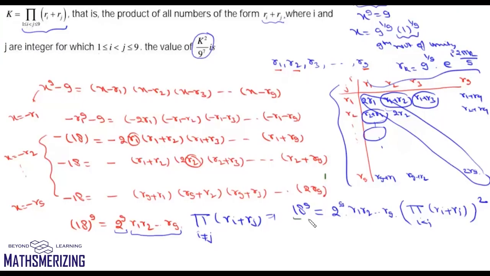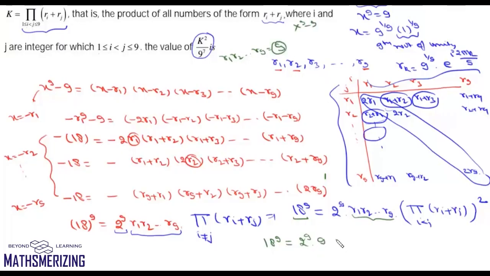So we can simply write it as 18 to the power 9 and this is 2 to the power 9. Now r1 into r2 into r9 is the product of all the roots. So the product of all the roots will be minus of minus, and then what is the equation? The equation is x to the power 9 minus 9. So this value should be 9.